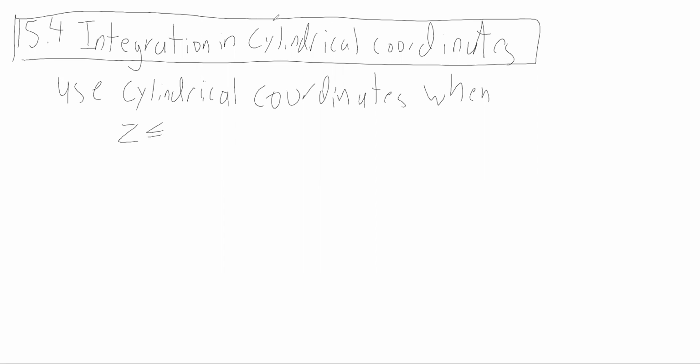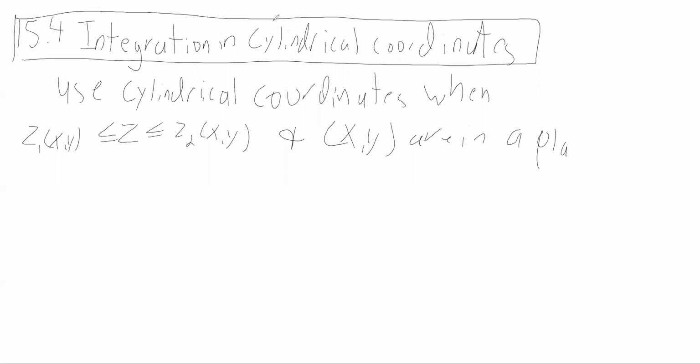So basically, Z is going to be bounded above and below by functions of X and Y. So Z is sort of the normal variable, but X and Y are going to live in a polar region.